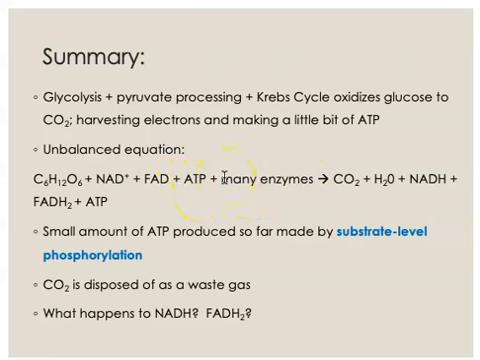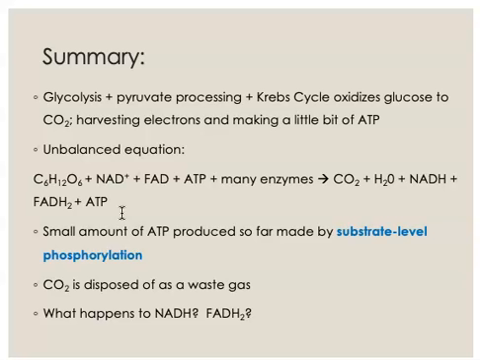And we're going to end up with carbon dioxide, a little bit of water, and reduced electron carriers, NADH, FADH2, and some ATP. Some ATP that was made, again, through substrate level phosphorylation.